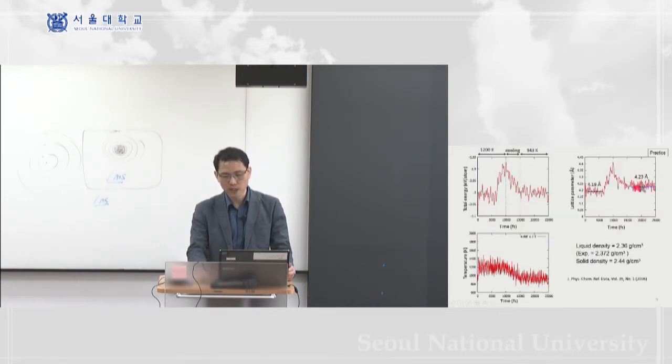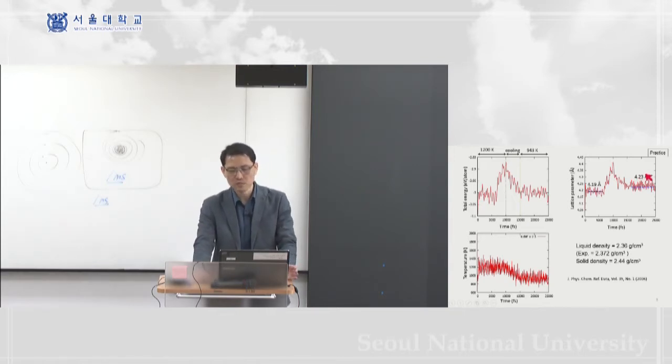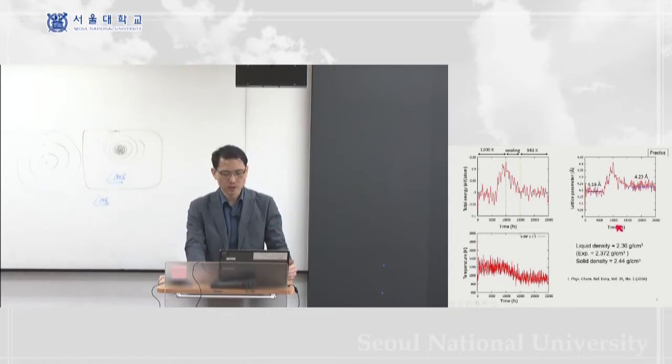This lattice parameter on average is 4.23 angstrom, and from the mean lattice parameter you can obtain the average liquid density, which is calculated to be 2.36 gram per cubic centimeter, which compares favorably with the experimental value, and is also meaningfully smaller than the solid density of 2.44 gram per cubic centimeter.